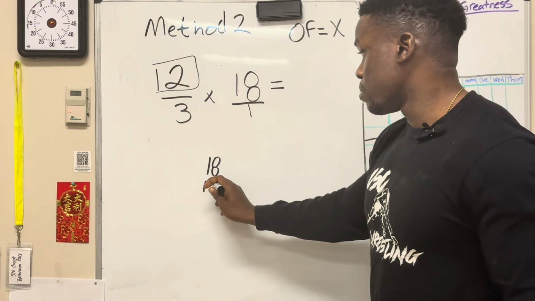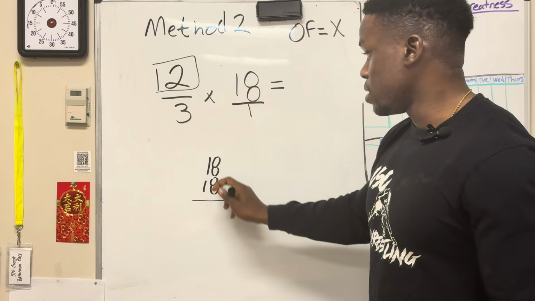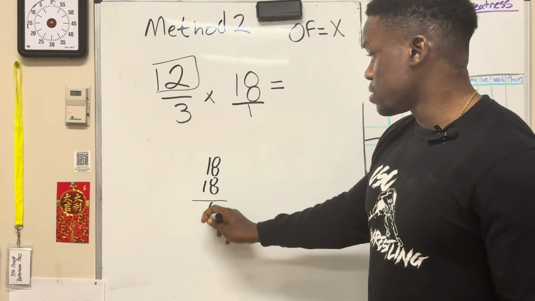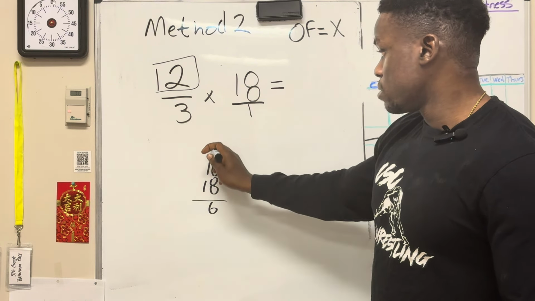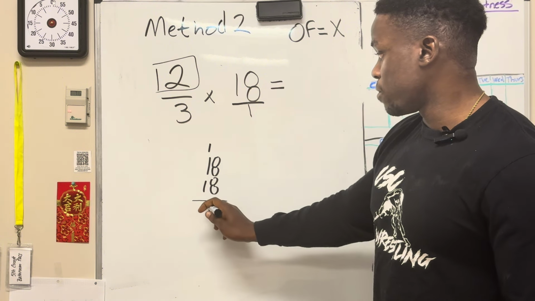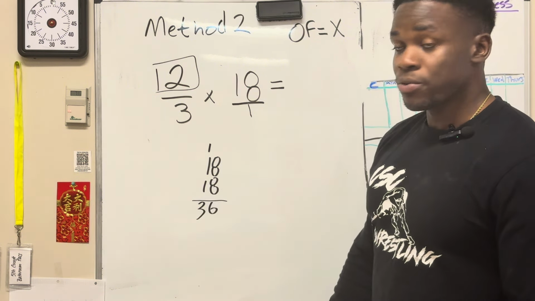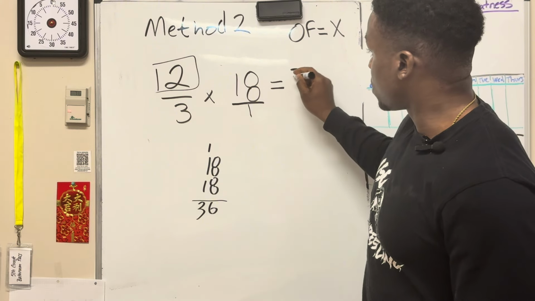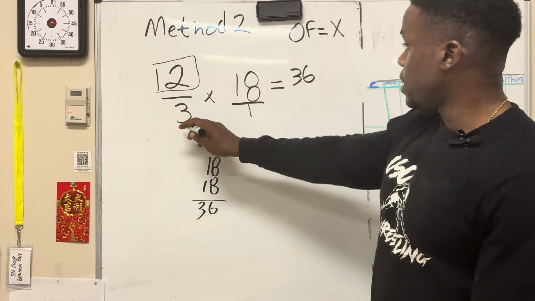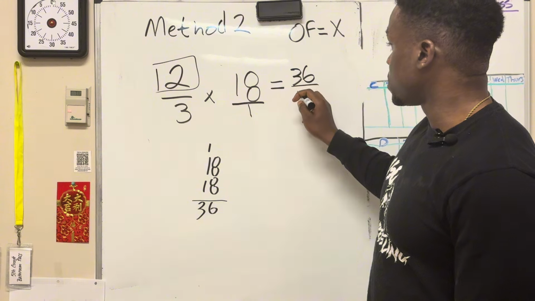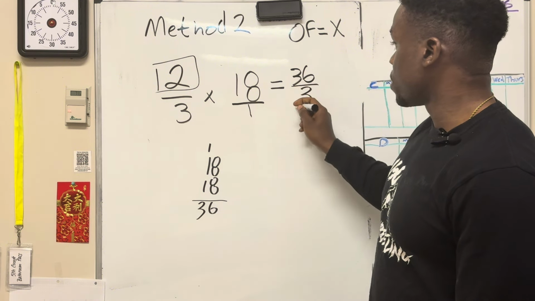Okay, so 18 twice gives me 36. So it will give me 36 up top, and then I do the bottom, and I get 3.